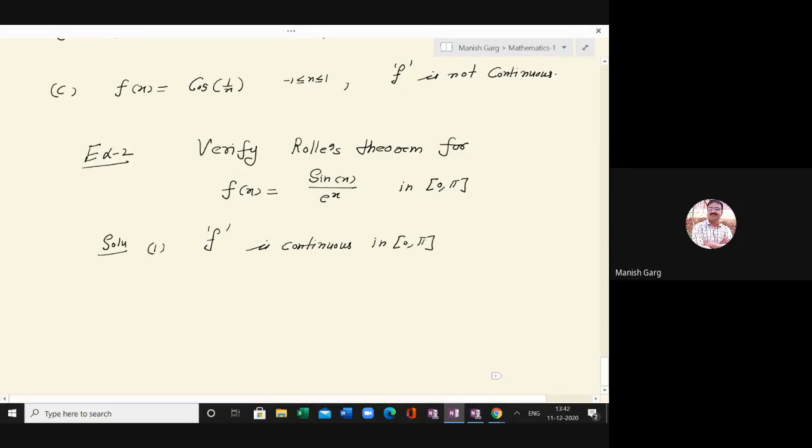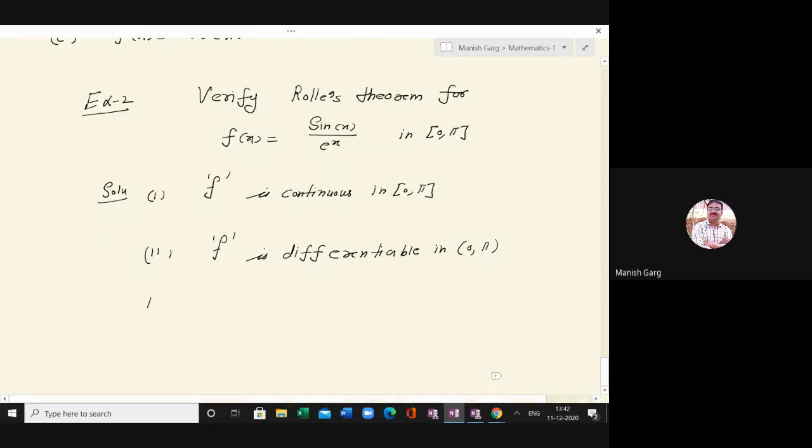Second, here sin x and e^x are both differentiable and e^x is not equal to 0. Same thing, you can write f is differentiable. Now let us check the third condition. f(0) is sin 0 over e^0, which is 0. f(pi) is sin pi over e^pi, which is again 0.